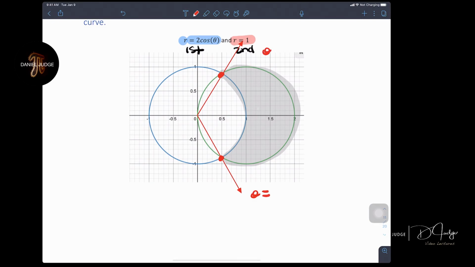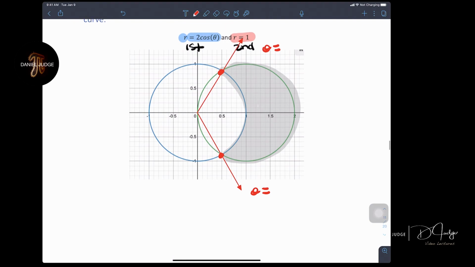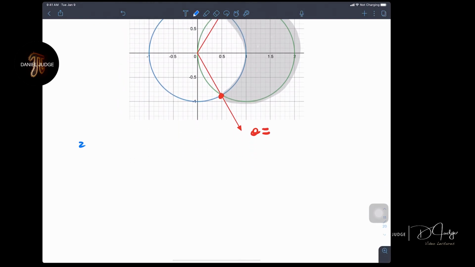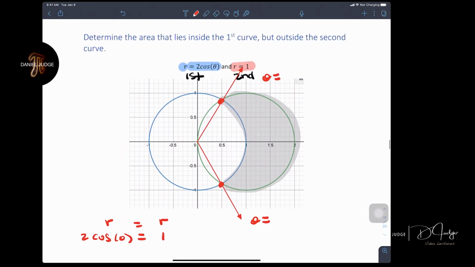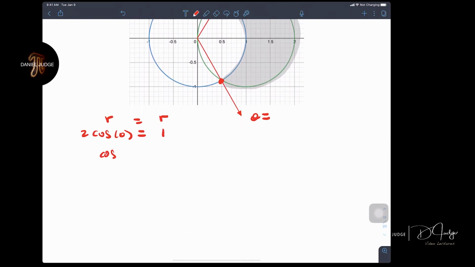Theta is one angle, and theta is the other angle. So we find those points of intersection, set the curves equal to each other. So I can say that this is 2 cosine theta. Maybe we could put this in red since it's points of intersection here. 2 cosine theta equals 1. This is the first r, and this is the second r. So we set these r's equal to each other. 2 cosine theta equals 1. Solve for theta. And cosine theta is 1/2.